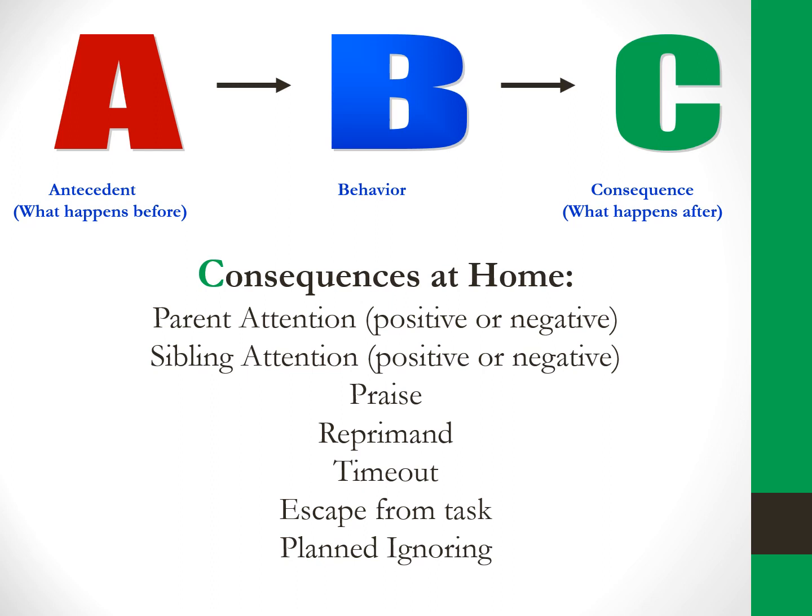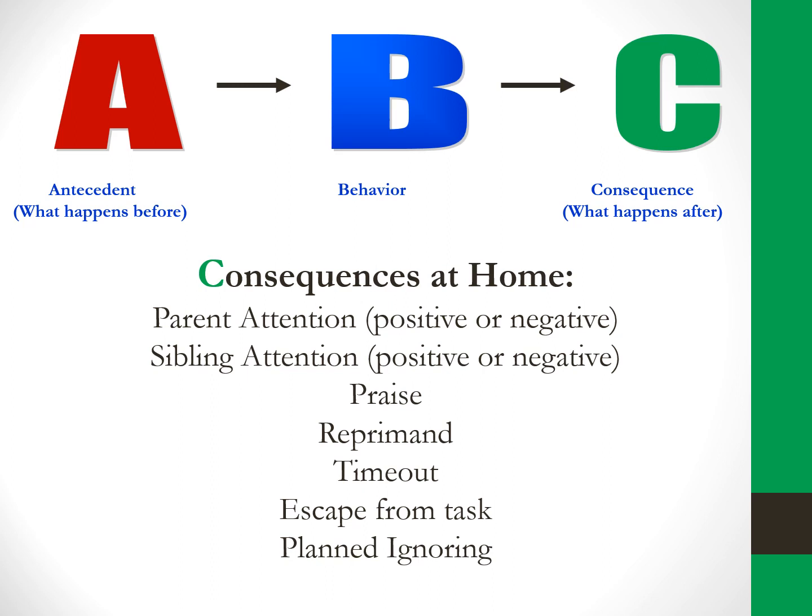Similarly, maybe it's sibling attention, whether it's positive or negative, right? They could be getting poked at or teased, or maybe it's really nice, lovely sibling attention that they're after. Praise could be a consequence. So maybe my child makes it through the teeth brushing routine in the evening, and I say, I'm so proud of you for brushing your teeth all on your own.